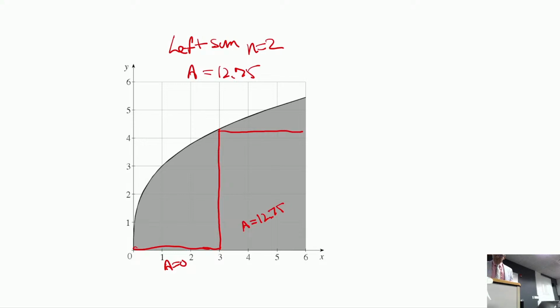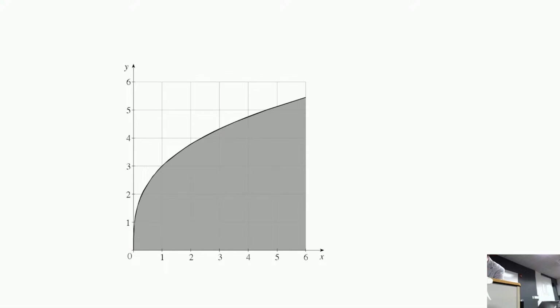Okay, so your job is, on the next one over, to do a left sum where n equals 3. Go ahead and see if you can come up with your approximation for left sum n equals 3.